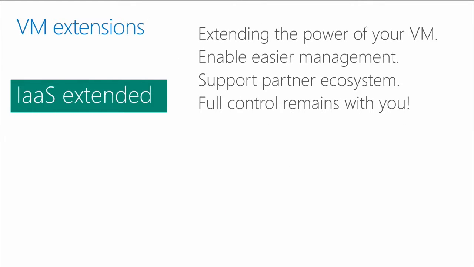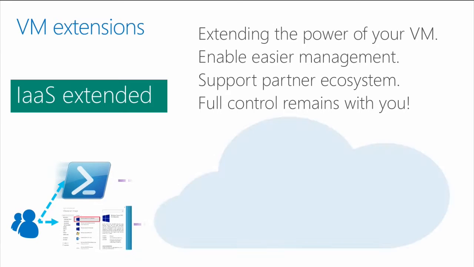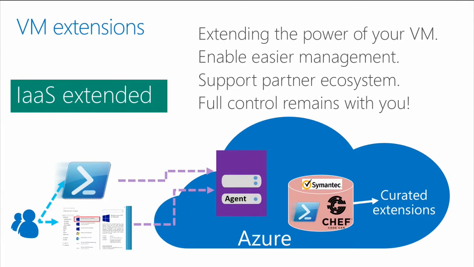Now, next we want to talk about the VM extensions. The VM extensions, as I've mentioned before, allow you to extend the capability of a virtual machine. It enables you to have easier management, a larger partner ecosystem, but at the same time, the VM still remains within your control, so you can configure it as you want. The way the VM extensions work is when you go through the Azure portal, you have a selection of extensions that you can apply to the virtual machine.